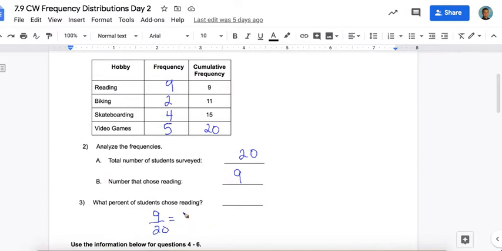So we're going to put x over 100, because when we set up a percent proportion, we put x over 100. Now we use our cross products. 20 times x is 20x, and 9 times 100 is 900. We divide both sides by 20, and we get 45%.